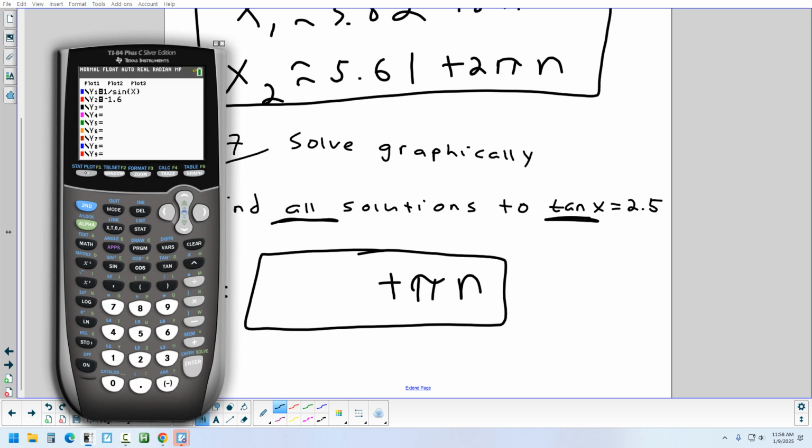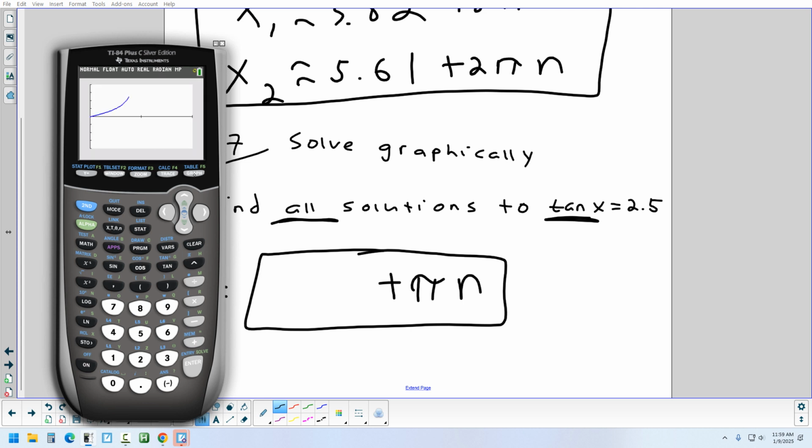So what would we put in y1? Tangent of x. Yep, and in y2? 2.5. Okay. Let's set our graph to one cycle. If we're zoomed out, we're going to see lots of answers. So we just said one cycle is how big? Pi. So the easiest way, I would just go 0 to pi on your screen. Hit graph.